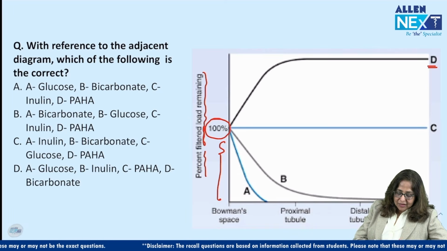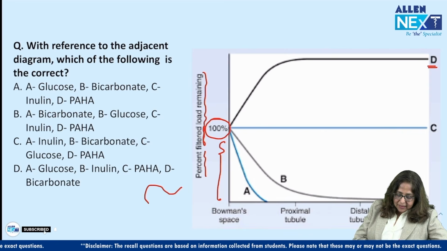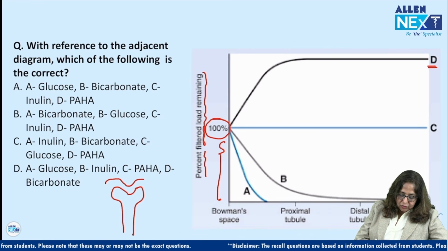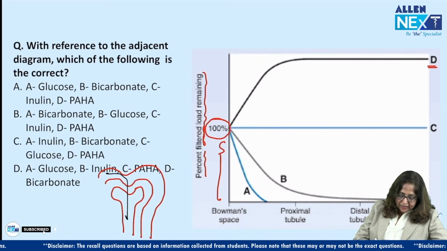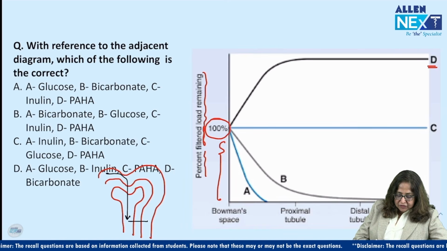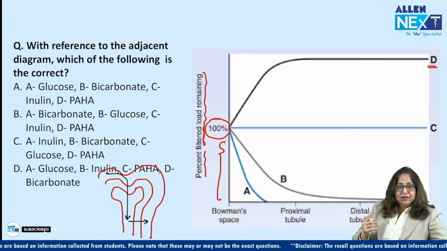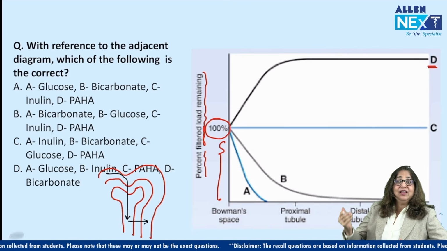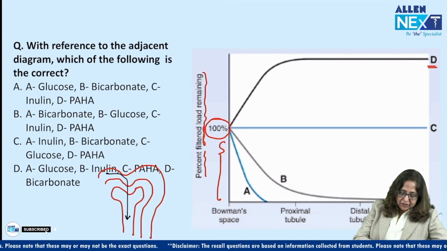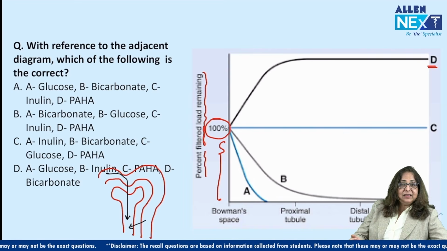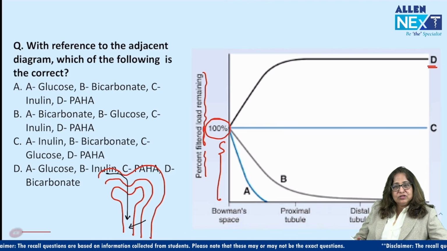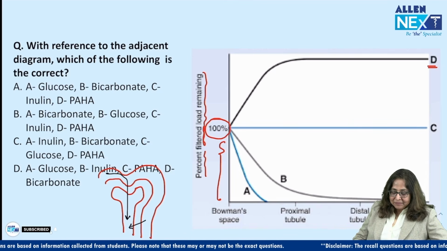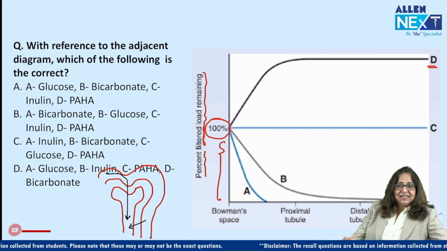If this is my Bowman's capsule, afferent arteriole, glomerular capillaries, efferent arteriole, which will form the peritubular capillaries: if a substance is freely filtered and reabsorbed, the filtered load along the nephron will reduce. But if the substance is secreted, from the blood it re-enters the nephron, and there will be an increase in the amount of the substance in the nephron. So A and B are reabsorbed and D is secreted.